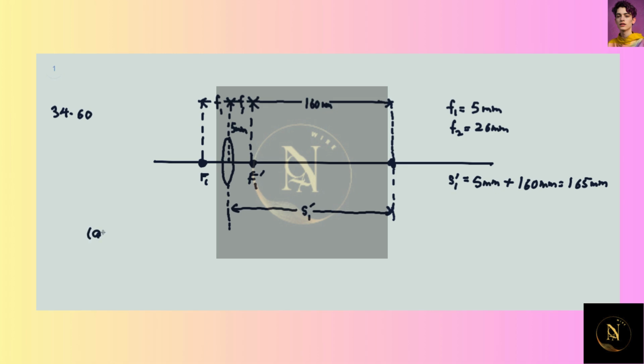In part A of the problem, we're asked to find the angular magnification, and we'll use equation 34.24, which states that the angular magnification is S1 prime, that's the image that you get from the objective, times 25 centimeters, which is the near point of the eye, divided by the focal length of the objective and the focal length of the eyepiece.